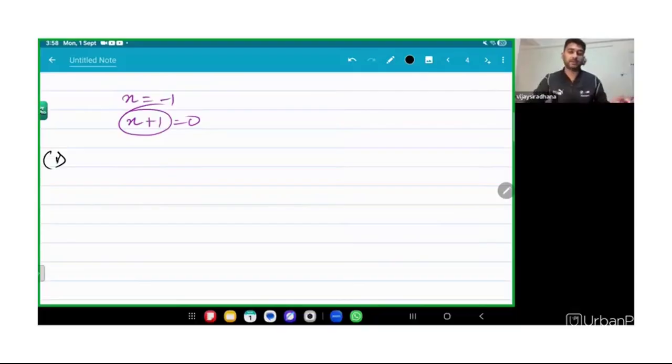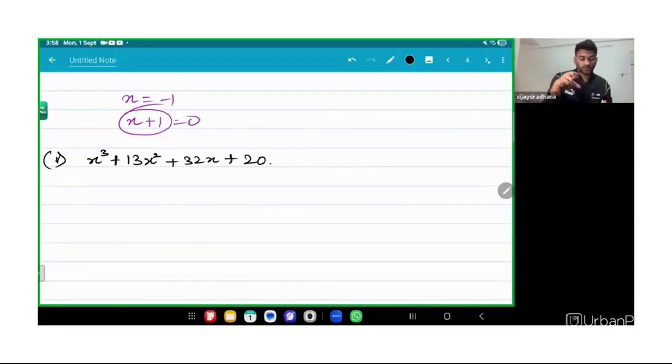The first method: you can write this x cube plus 13x square plus 32x plus 20. This is the question, right? From this one, you got x plus 1 as a factor.